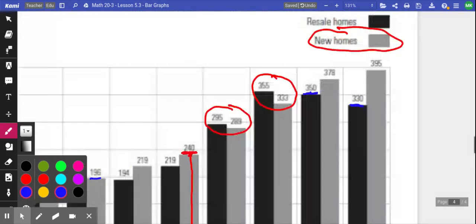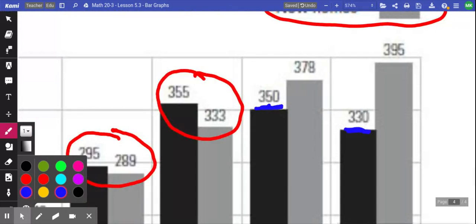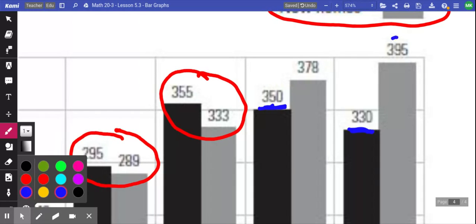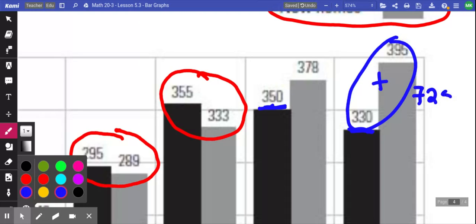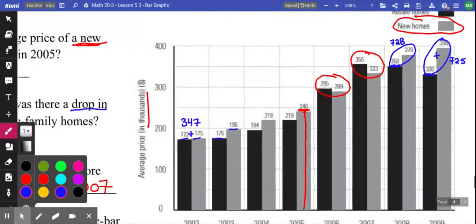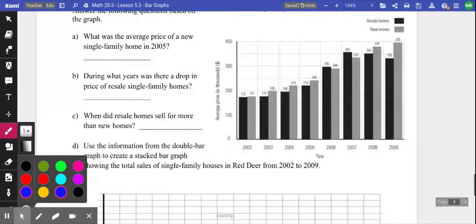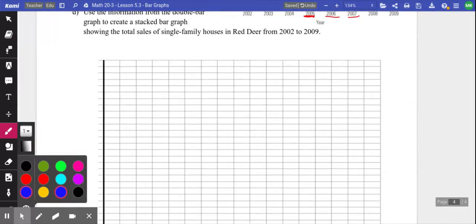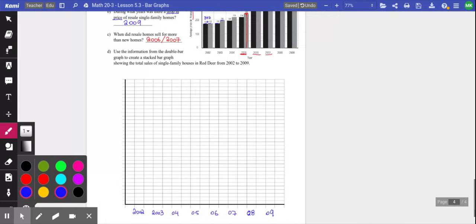So the biggest value is probably going to be over here when I add these values together. Adding these two would give me 725. Adding these two gets me 728. So I know I need to get my bar up to about 750. Right? So if I'm looking at this, I'm like, okay, I want my top of my bar to be 750.